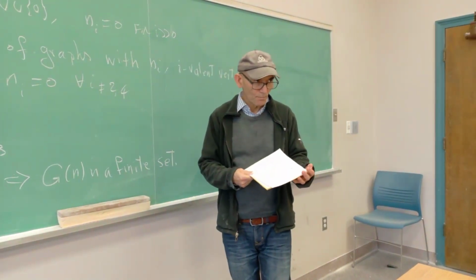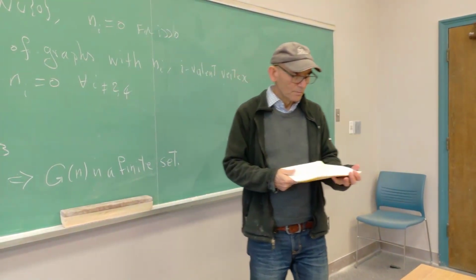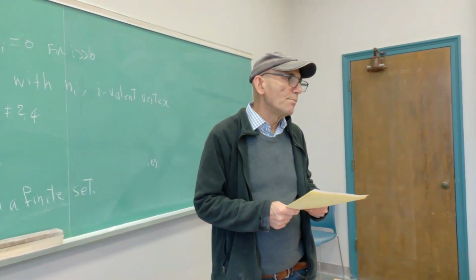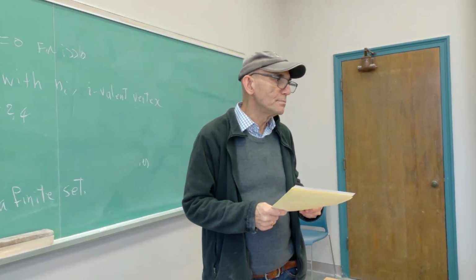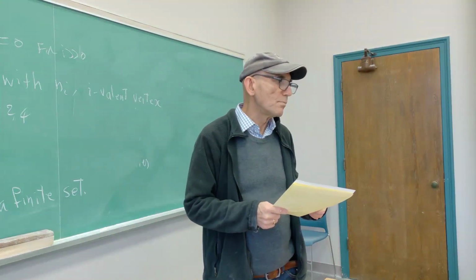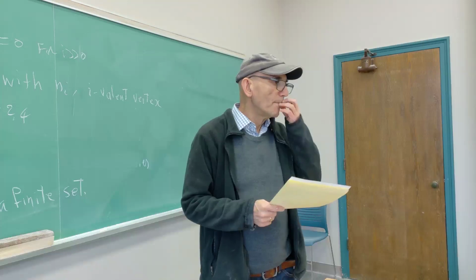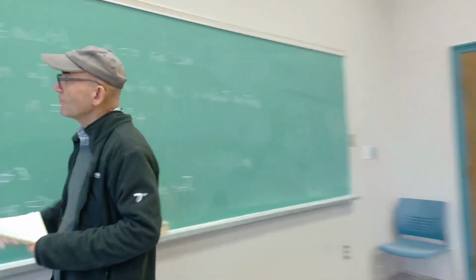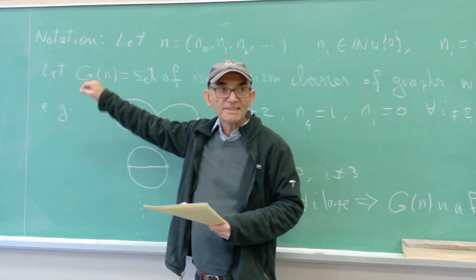Question? Because of this G_n being a finite set, it means that we cannot define n to be all sequences of natural numbers such that you only have finitely many non-zero n_i's, because then G of n would probably be an infinite set, I guess. I mean, G of n is defined for each n. When you fix n, yeah.